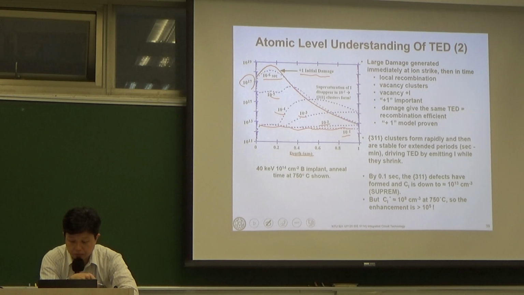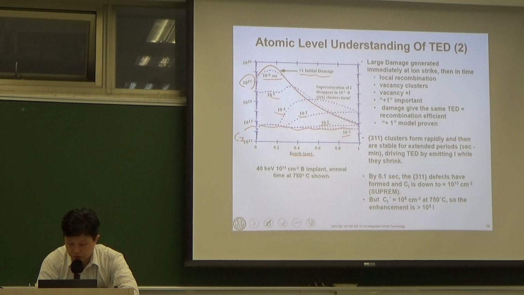At that time your defects are already formed, and this CI, the interstitial concentration, is 10 to the 13.